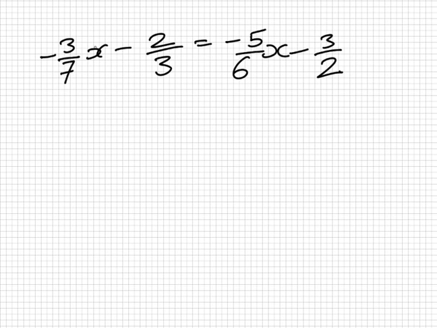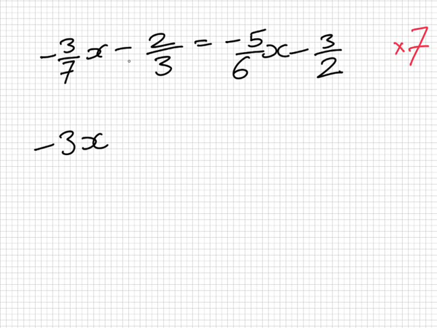Now, the other way to do this one is to get rid of the fractions before you start moving anything. So if you want to get rid of the fractions, you'll need to multiply everything here by 7. So you'll get minus 3x, because the 7s here will cancel. It's negative 5 over 7. Well, I will keep it the same like this.